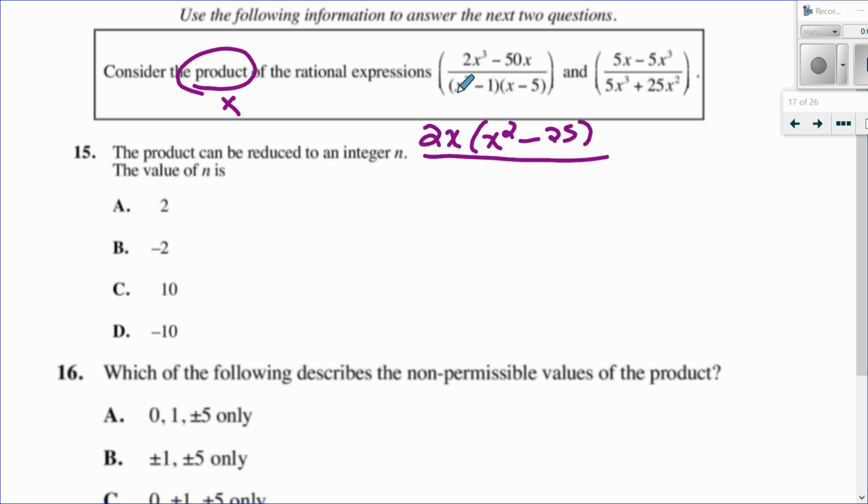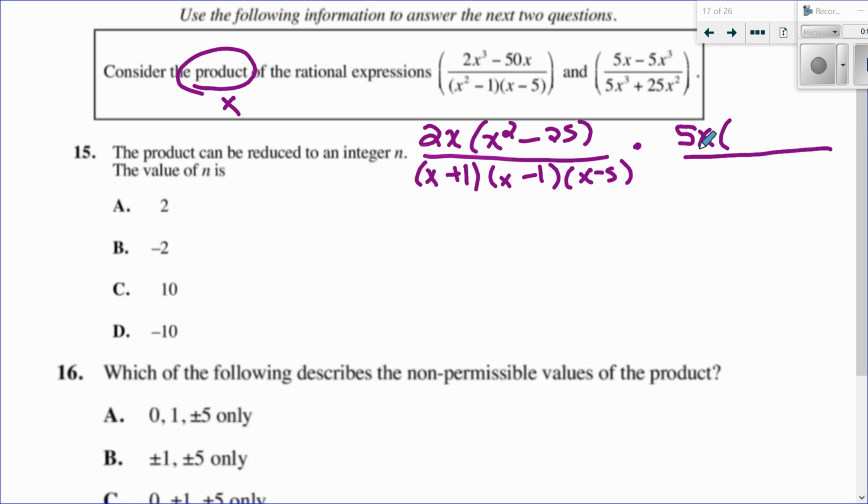In the denominator, x squared minus 1, that's a difference of squares. So square root of the first term is x, square root of the last term is 1, and add one set and subtract the other, and there's also an x minus 5 there. Now this is going to be multiplied by the second fraction. So they both have 5, so the GCF is 5. One has an x, the other has an x cubed, so it's just x.